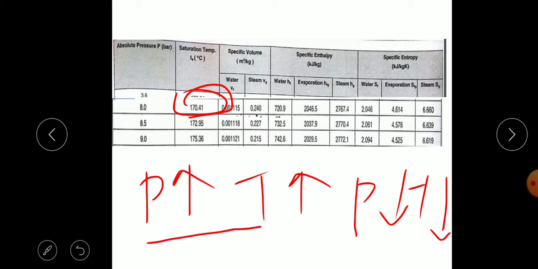This pressure and temperature are related. Corresponding to a pressure of 8 bar, the boiling point is 170, and we know that at 1 bar atmospheric pressure the boiling point is 100. As pressure and temperature are related, if we increase the pressure, the saturation temperature also increases.